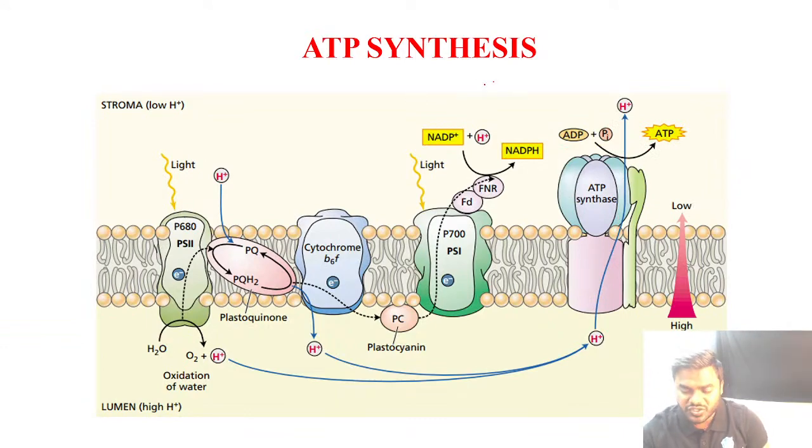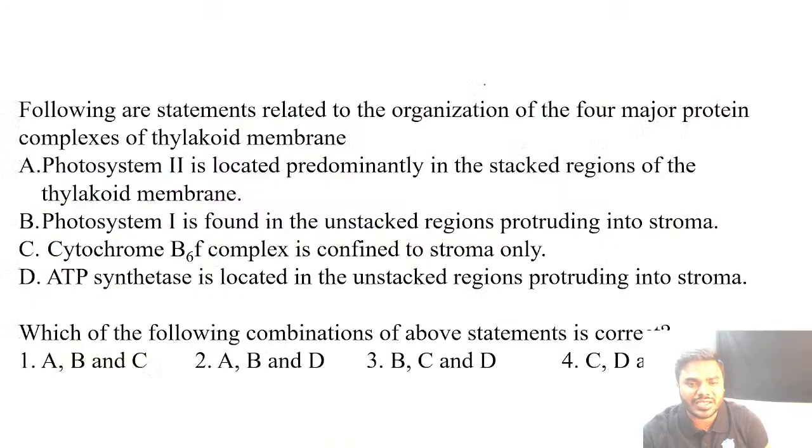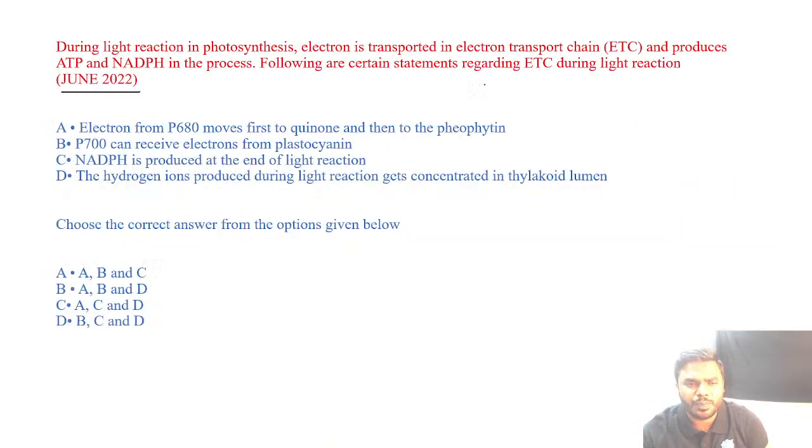Now, all of you just try to answer this question which was asked in the 2022 June paper, the February paper which happened last month, and which is a very easy question. I'll give you exactly 1 minute. I want everyone to answer correctly.